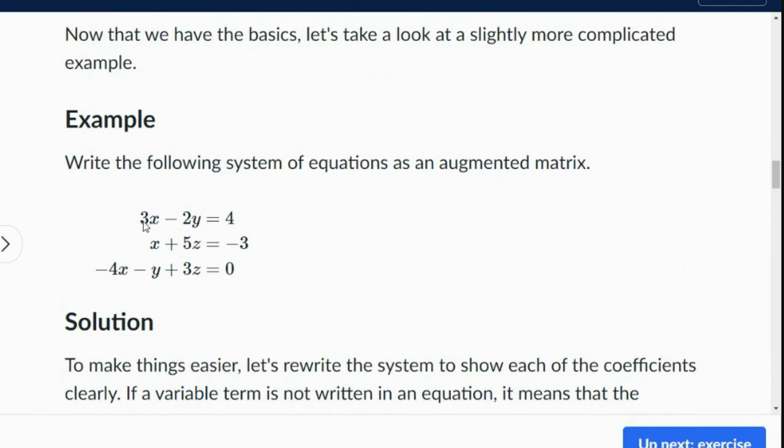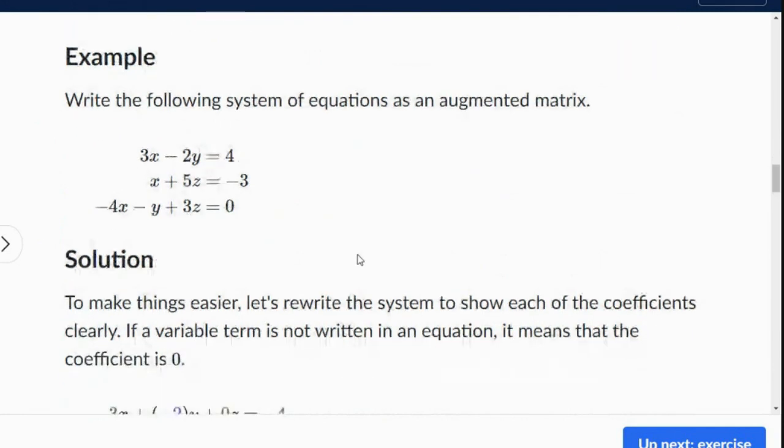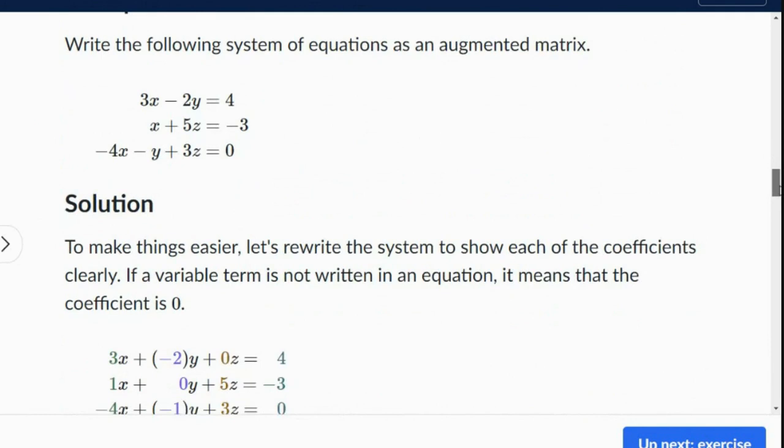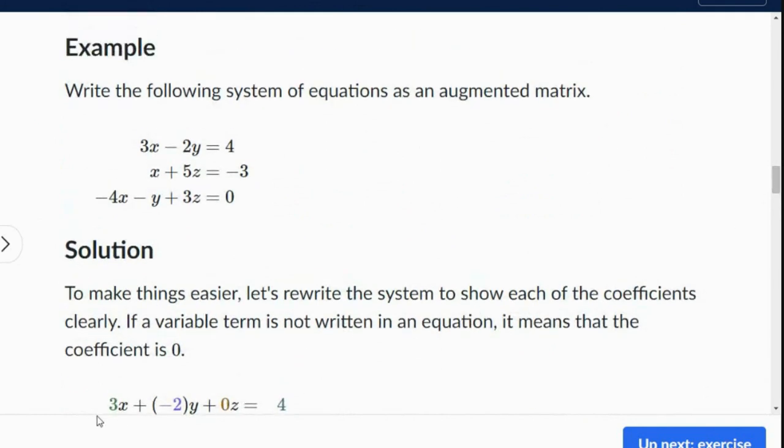So let's look down at the first row. We've got a 3, a -2, 0, and then 4. There are 0 z's. This one doesn't have any y's.